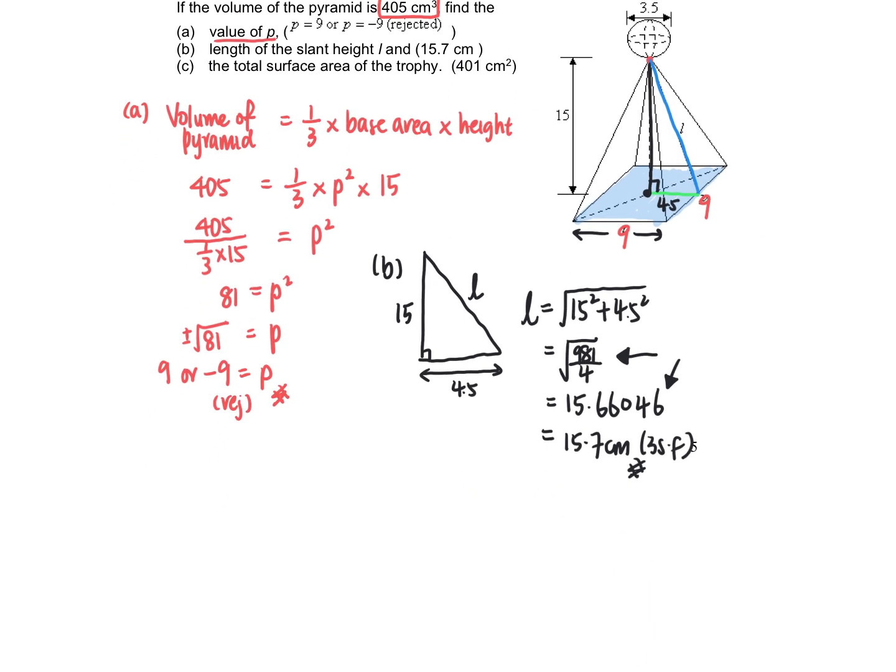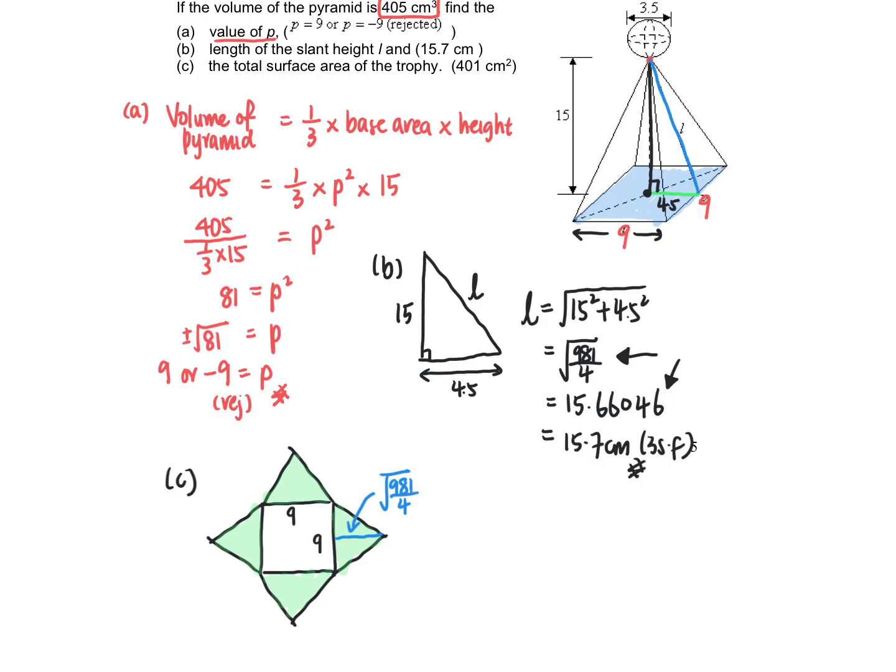Okay, last part. I want to find total surface area. I need to open up my pyramid. So because it's a square, the 4 triangles at the corner are exactly the same. So these 4 triangles at the corner, they are identical. So I'm going to fill in all the information I know. I know this is 9 by 9. I have found the slant height. This slant height is square root 981 over 4.